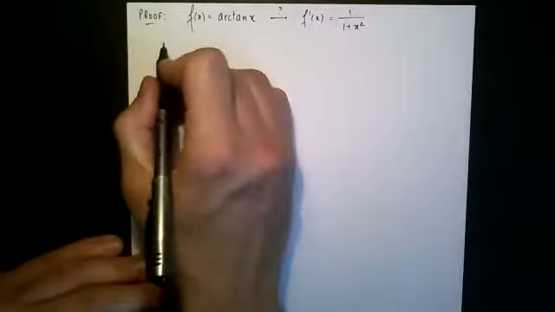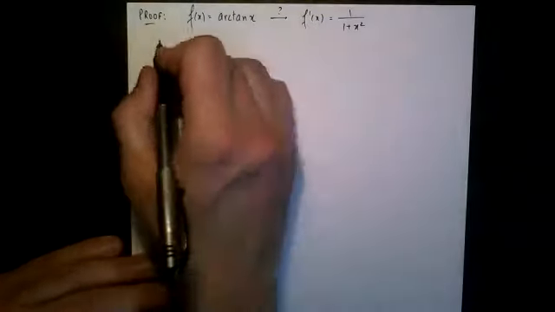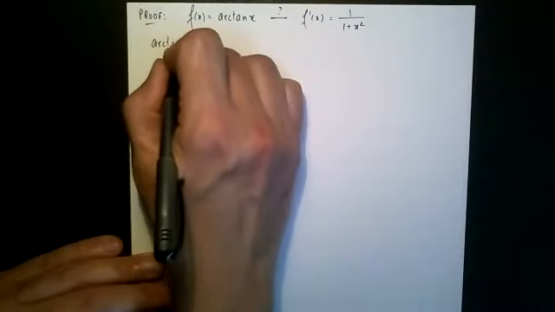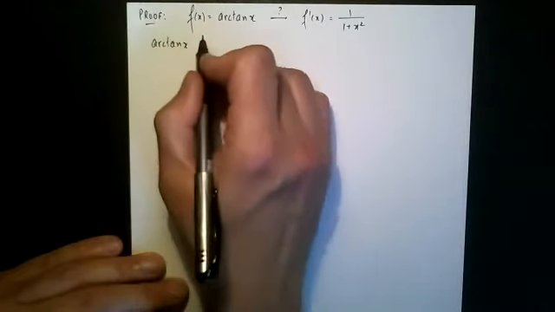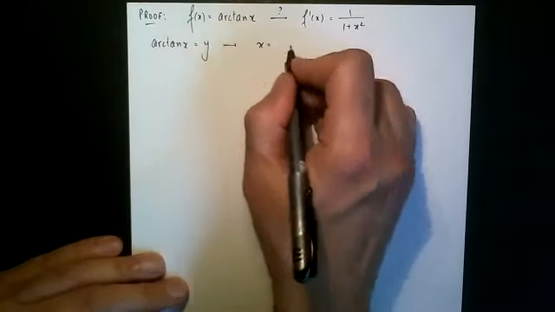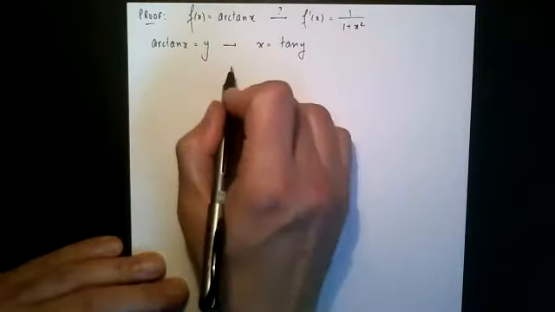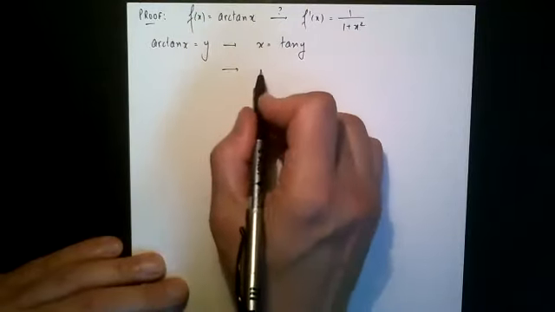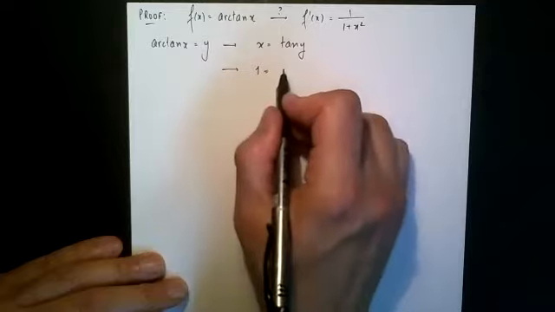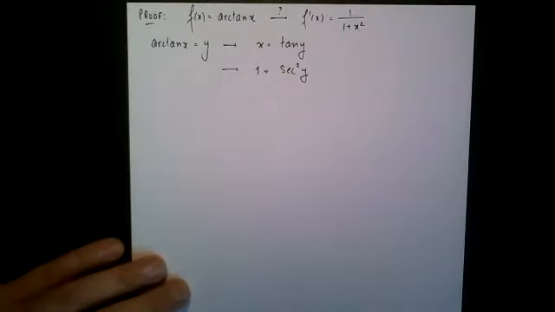So again, if arctan of x is equal to y, this means that x is equal to the tangent of y. And so if I take the derivative of both sides, I will get 1 equals secant squared of y. Is that okay?